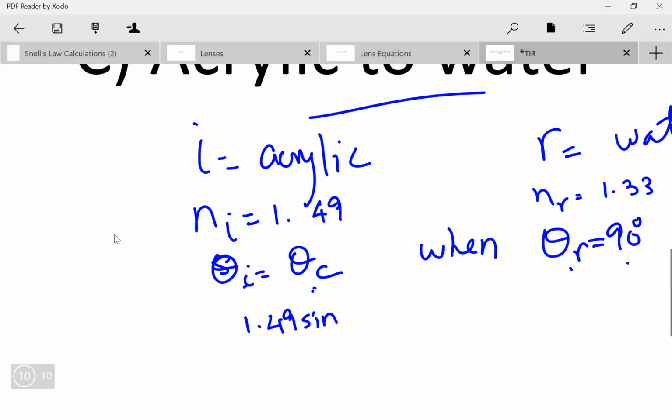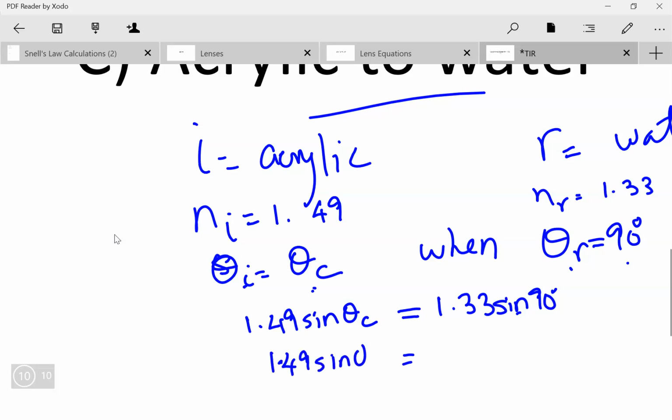So 1.49 sine theta C equals 1.33 sine 90, or theta R, right? So I'm going to calculate 1.33 sine 90, which just turns out to be 1.33.